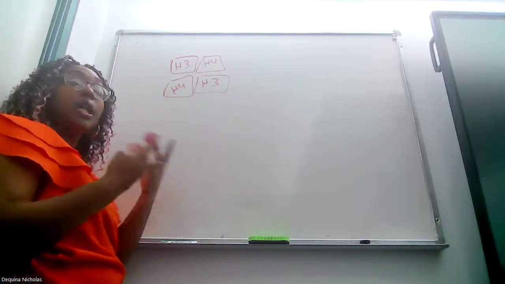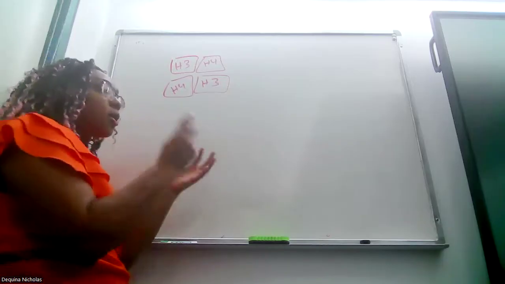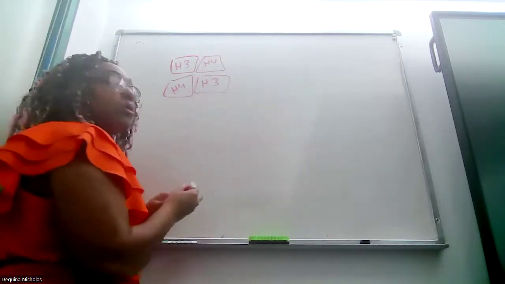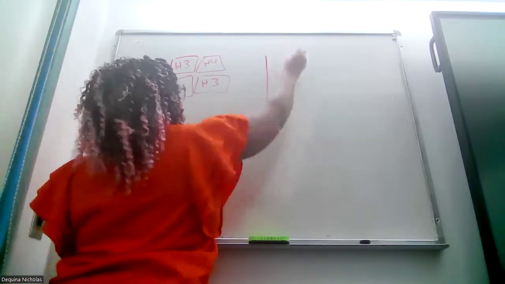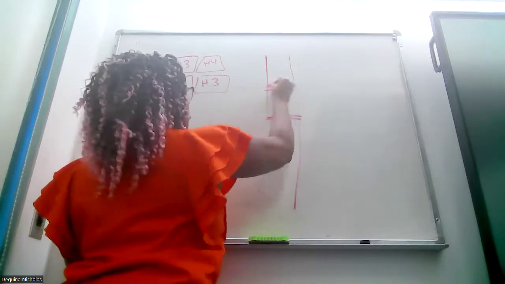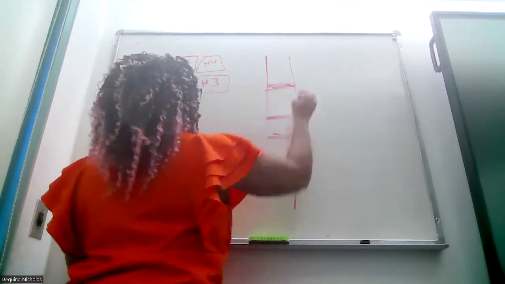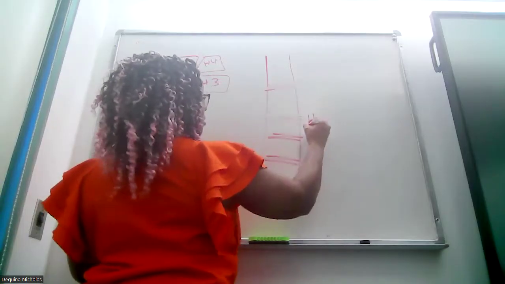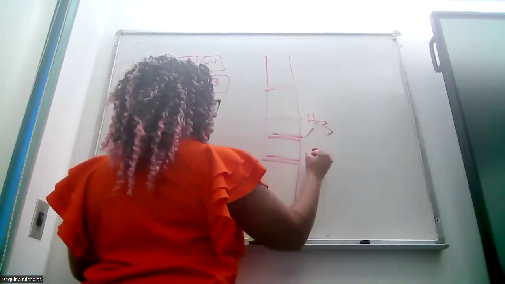When you run it on a gel, what happens to proteins that are not covalently linked or associated is that these four pieces will separate onto the gel. So say, for example, this is the gel. This is just for demonstration. We'll get different bands. Say this is H3. And say this is H4.